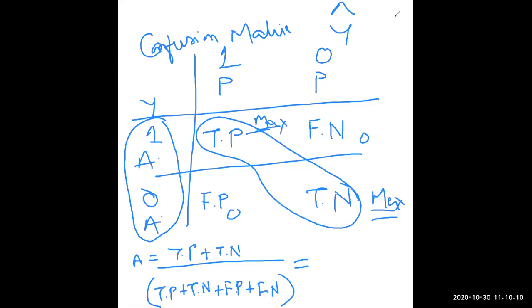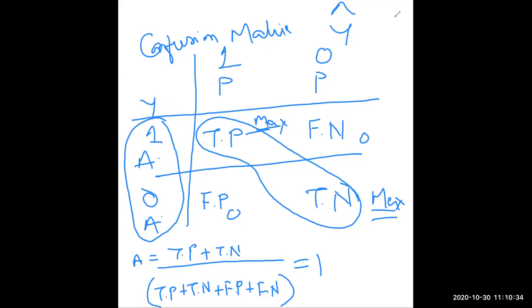False negative: predicted is 0, but actually it is 1. And false positive: predicted is 1, but actually it is 0. To have a model with 100% accuracy, you want true positives and true negatives at a maximum, and false positives and false negatives at 0. That will make your accuracy exactly 1, or 100%.